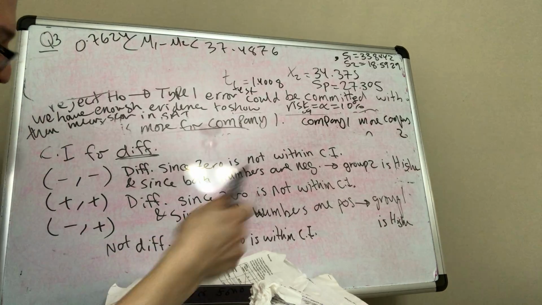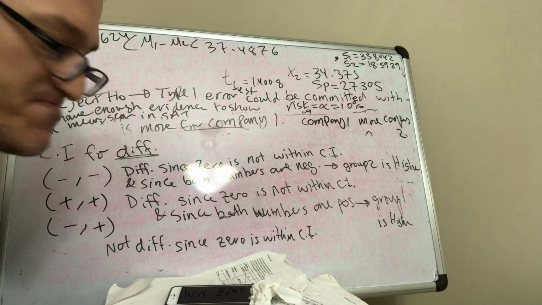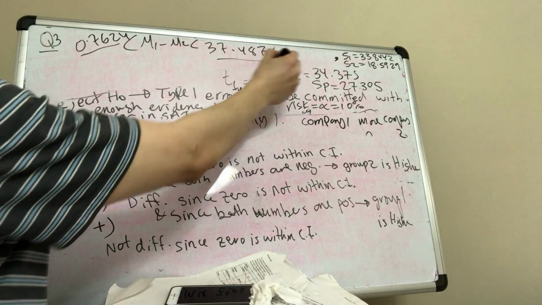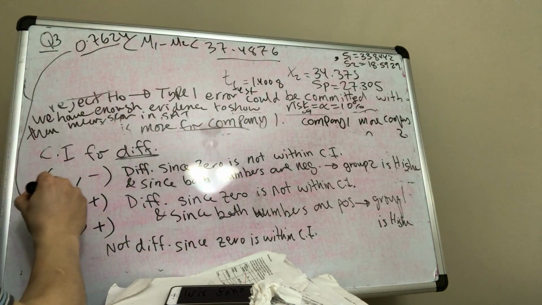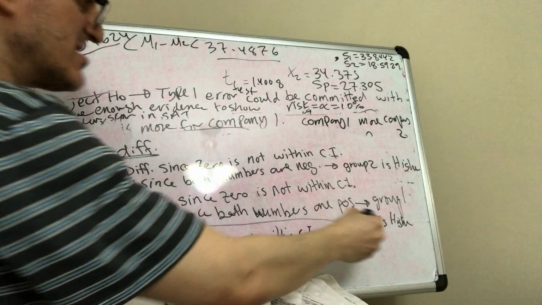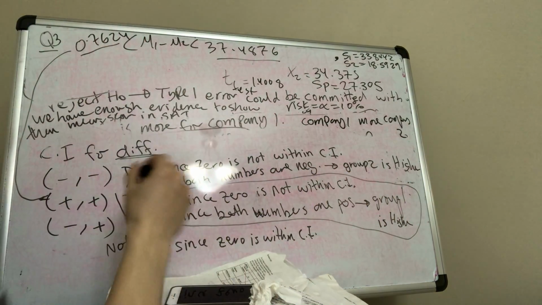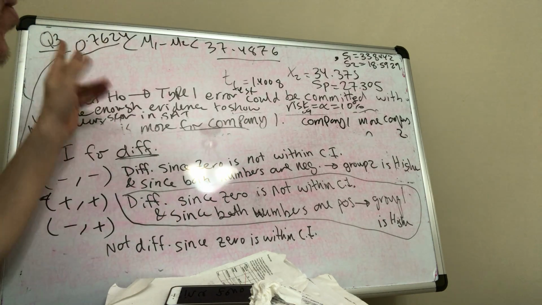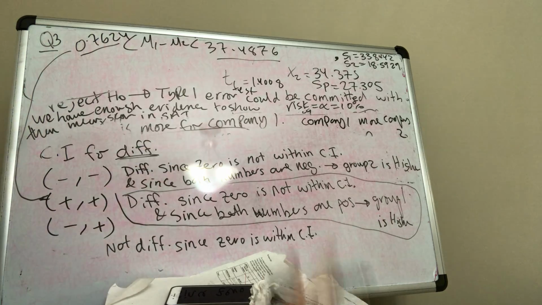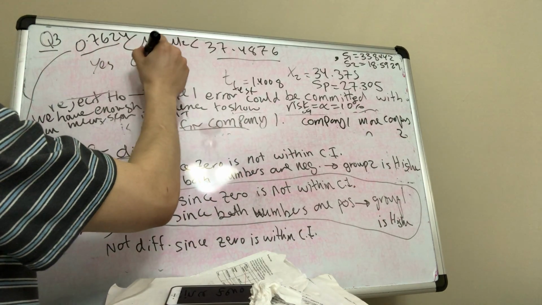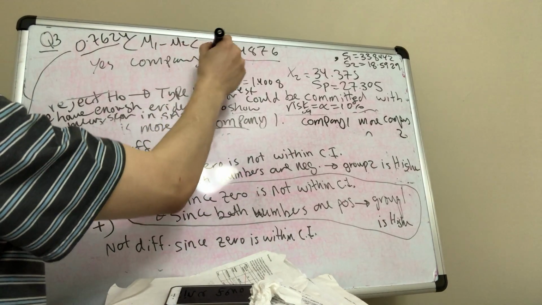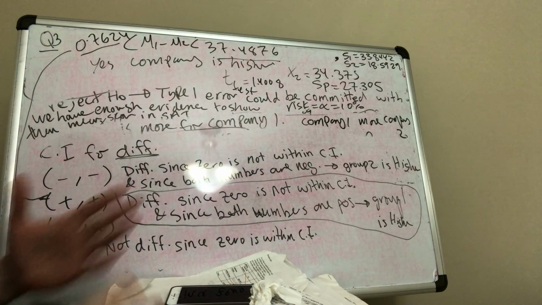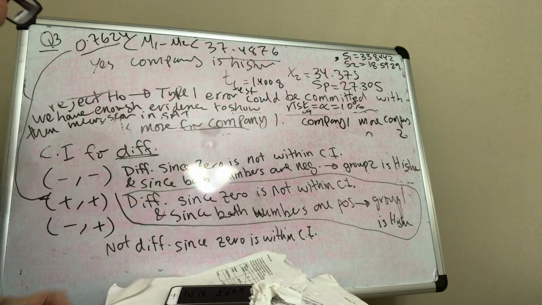And in this case, we don't know which one is more, which one is less. So you go back to the question. They must be different, since 0 is not within, and since both numbers are positive, group 1 is higher, so yes, company 1 is higher than company 2. So the hypothesis test and confidence interval give you the same conclusion.